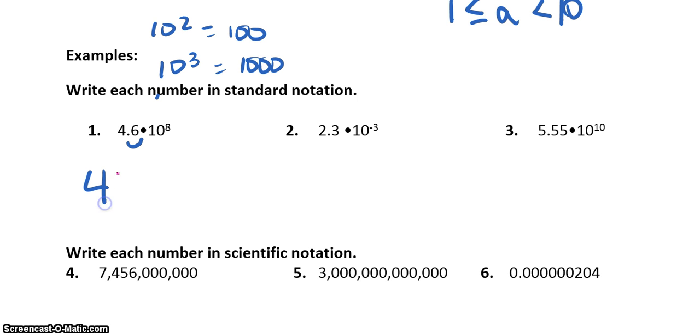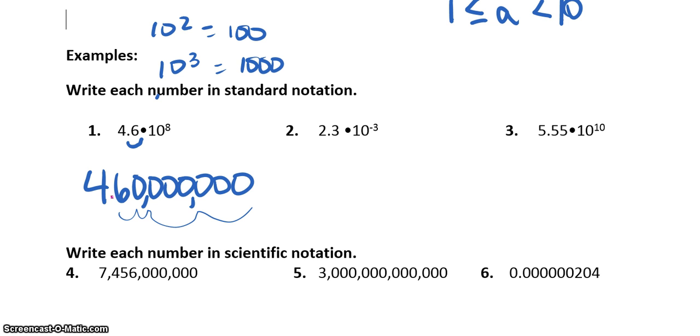Let's try that again. 4, 6, 1, 2, 3, 4, 5, 6, 7. 1, 2, 3, comma, 1, 2, 3, comma. So that works. And that's our number in standard notation.